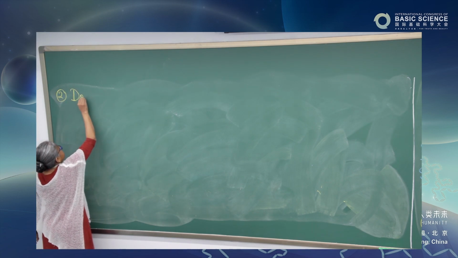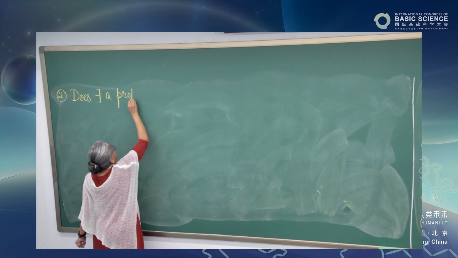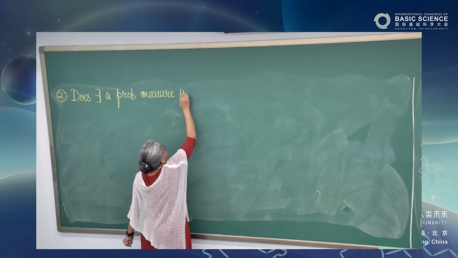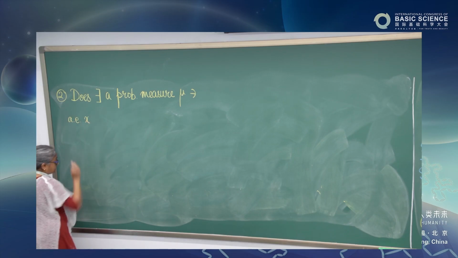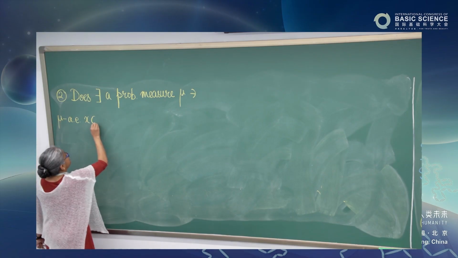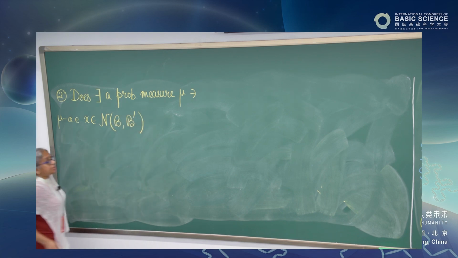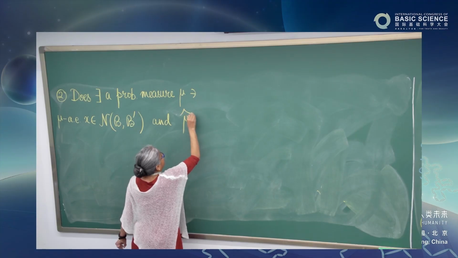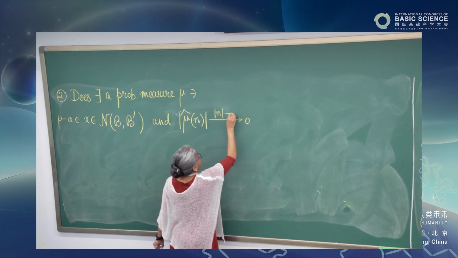Here's their question 2. Does there exist a probability measure mu such that mu almost every x belongs to B B prime, so it's essentially supported on B B prime, and the Fourier coefficients mu hat of n go to 0 as n goes to infinity?